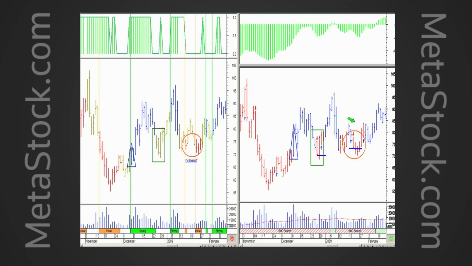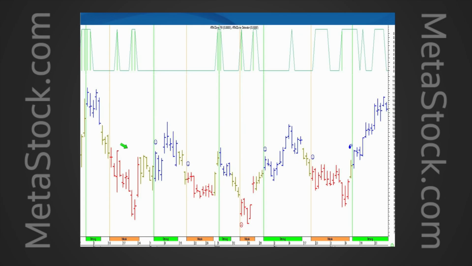You'd say red bars, sell arrows, RMO negative. But if you had the power of the ATM, you'd look up and say, no, I'm not going to take short positions because the market is in a dormant phase. So you can see how adaptability helps you. Where it needed to slow down, it slowed down. When it broke out and it had to speed up for you in that triangle zone, it sped up for you. So that's really one of the key differences when we're using the ATM.